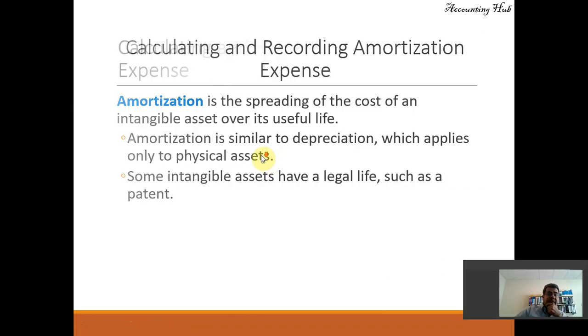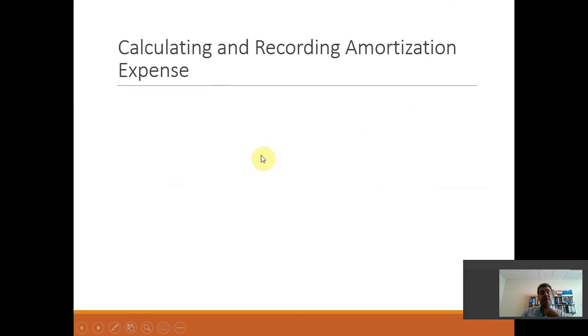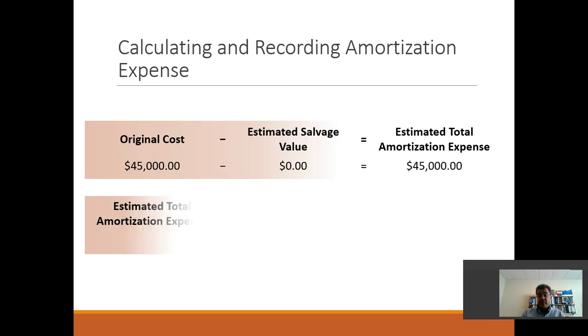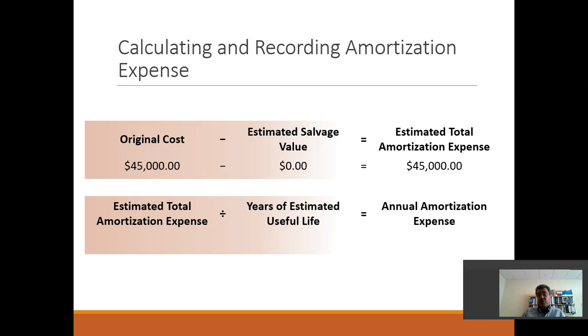So guys, how do we calculate and record the amortization expense? Original cost, for instance, $45,000, less estimated salvage value. Usually, intangible assets have no salvage value. When the patent is gone, it's gone. Or any other copyright and so on.